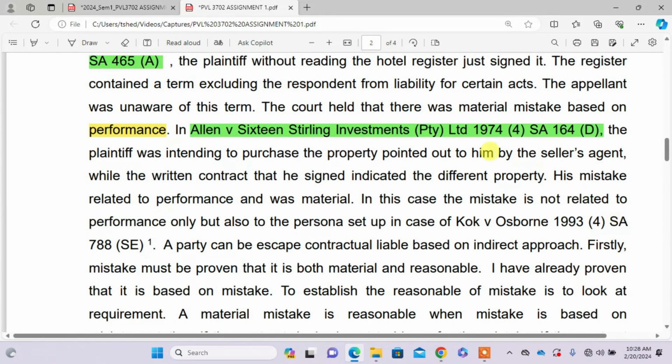In this case, the plaintiff was intending to purchase the property pointed out to him by the seller's agent, while the written contract that he signed indicated a different property. His mistake related to performance was material.